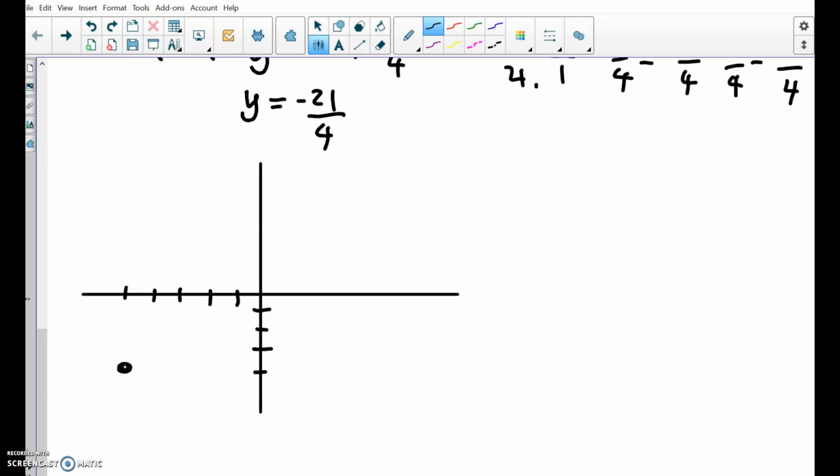We also know that the focus is at (-5, -11/4). Okay, so we want to put that on here. So -5 still, and like 2.75.